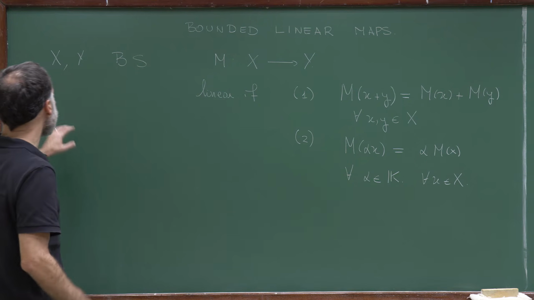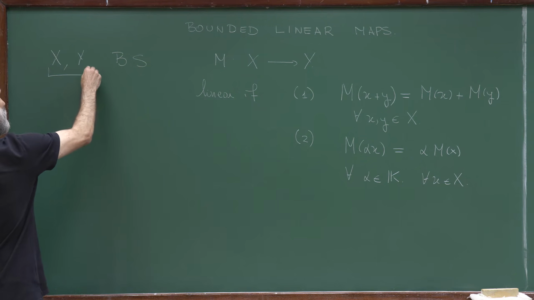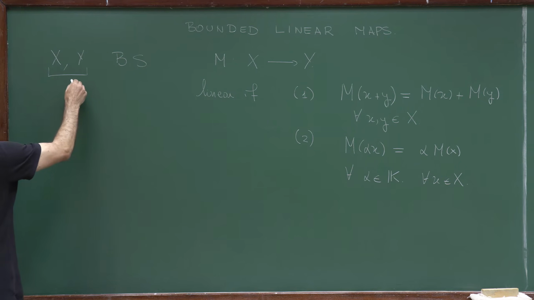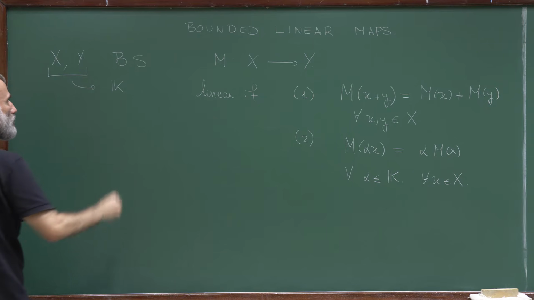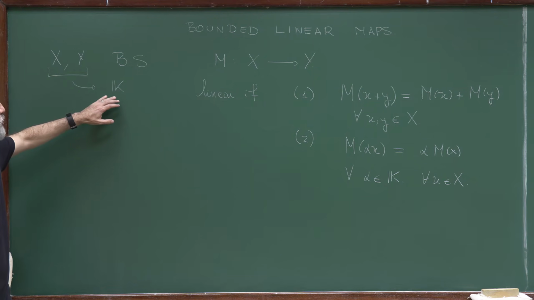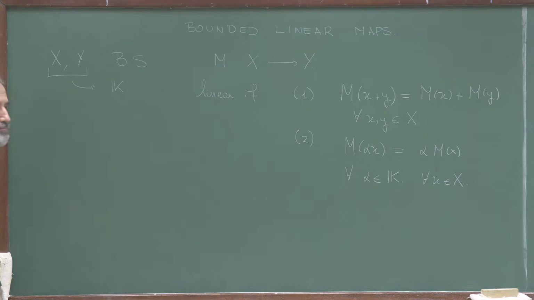So in these lectures I will always assume that X and Y are Banach spaces with respect to the same scalar field, which is represented by K, which will be either the real numbers or the complex numbers.